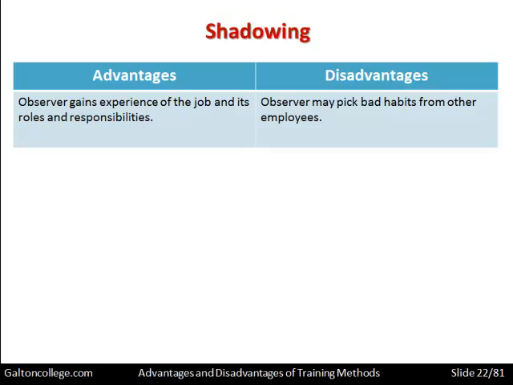The disadvantage is the observer may pick up bad habits from the other employees. The person who is the expert, who's performing the task, may have picked up bad habits over the years, bad working practices or unsafe working practices even, maybe cutting corners, going faster in some areas than they should, or not being sufficiently diligent to avoid accidents or whatever.